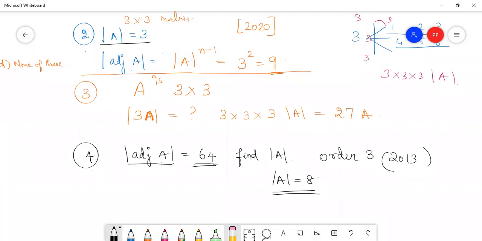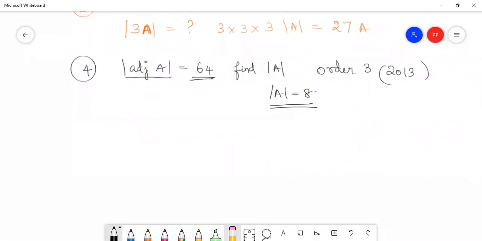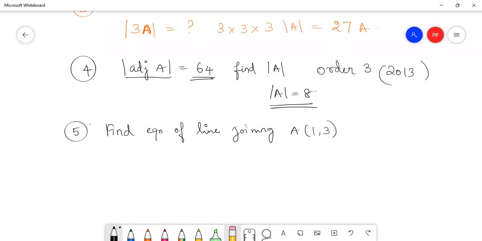So inverse is one question. They usually ask it only as a 3-mark question, but anyway, let us not take a risk here. Find the equation of the line joining the given points.